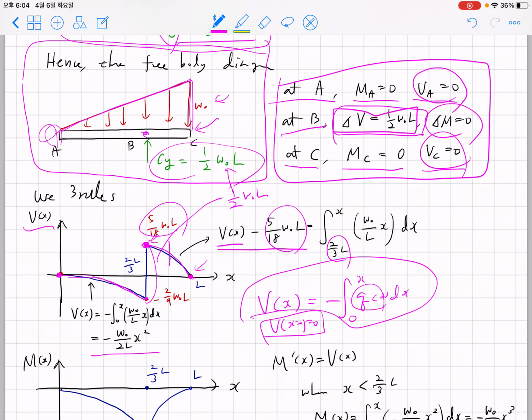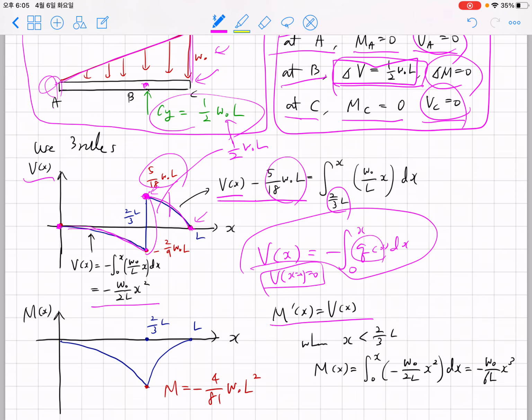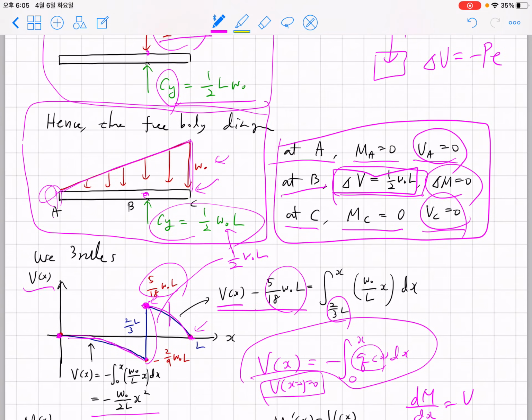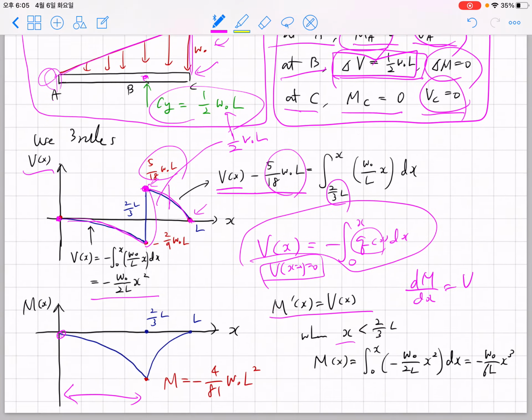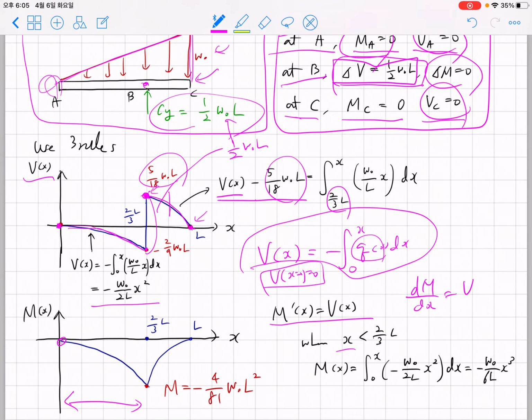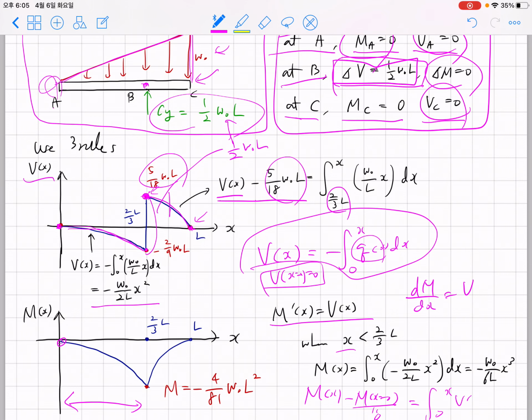After obtaining the V distribution, how can we obtain the M distribution? What you can do is integrate. From x equals 0 to 2/3 L, M_A starts from 0, and then you do this simple integral, and the V expression before the 2/3 L point is relatively simple, minus W0 over 2L x squared.